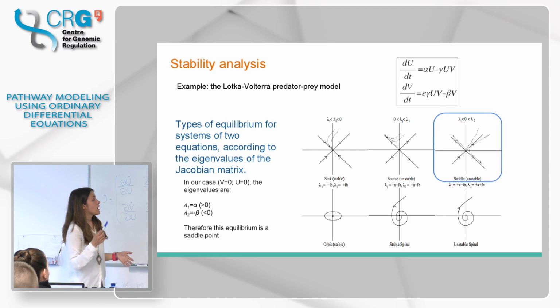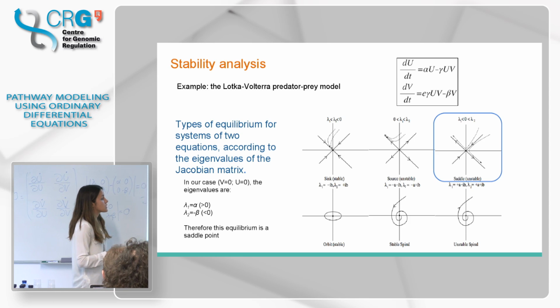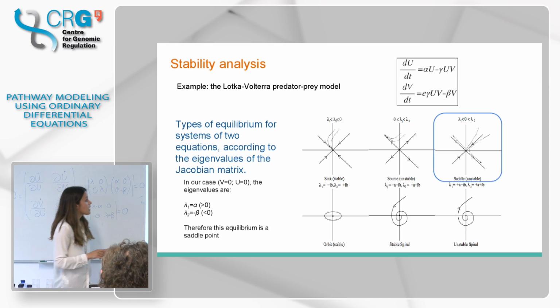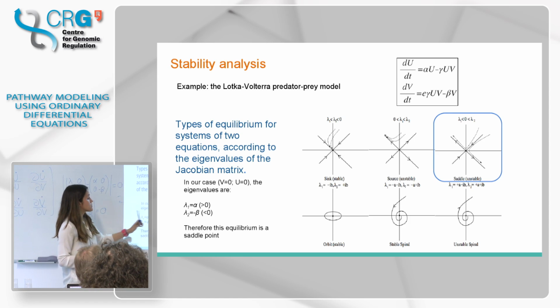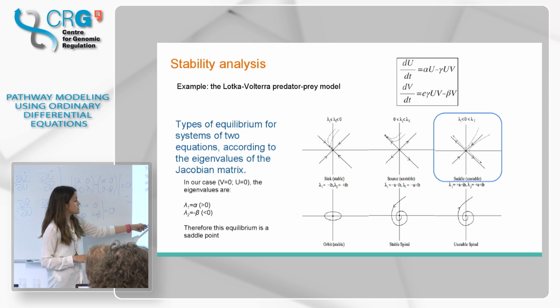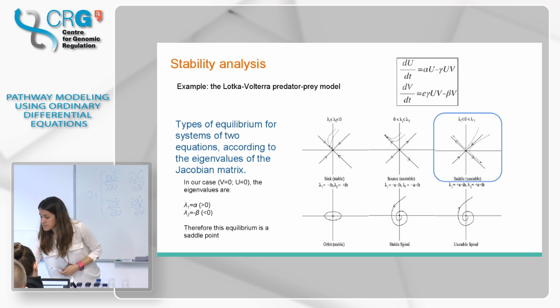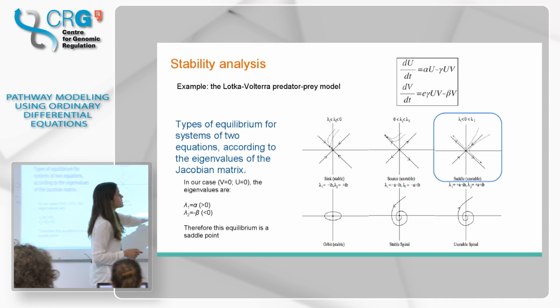There are different types of equilibrium for systems of two equations, and we can know which type we are in according to these eigenvalues. In our case, we have two eigenvalues, one larger than 0 and one smaller than 0, because it's minus beta. So in this case, we are here. We have a saddle point.